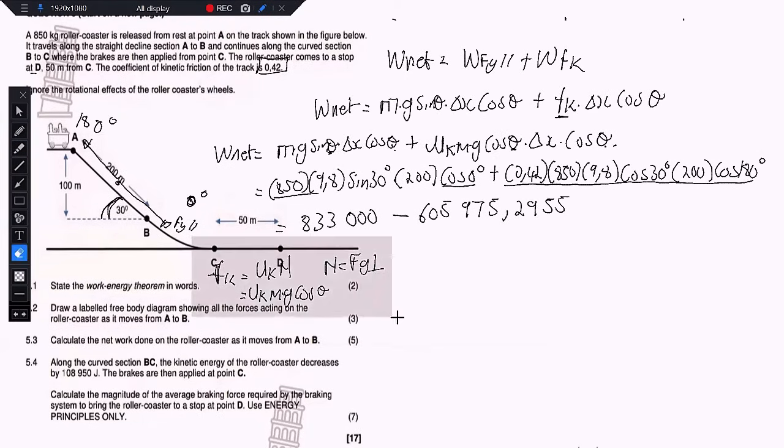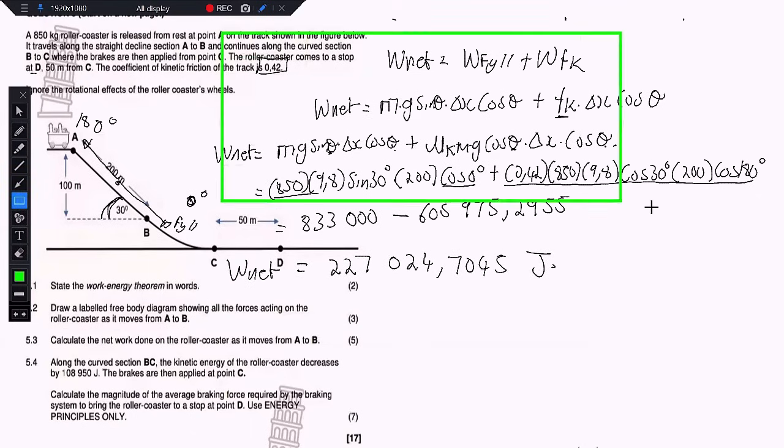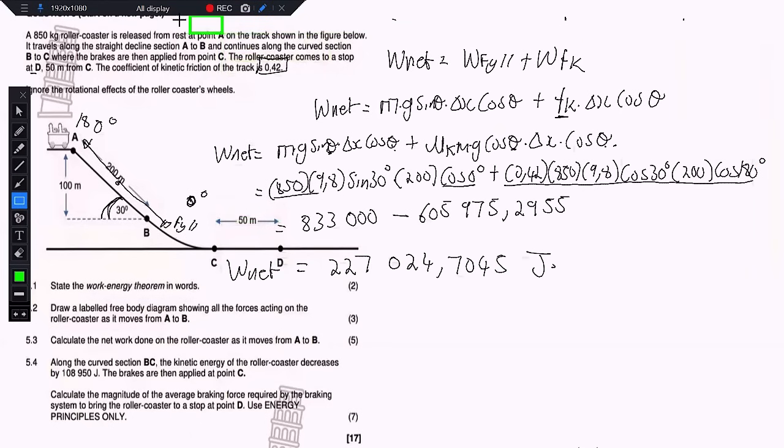Which if you further calculate there, subtract the two, you will get your W net as 227,024.7045 joules, right? So note that that's how you were supposed to calculate that one.